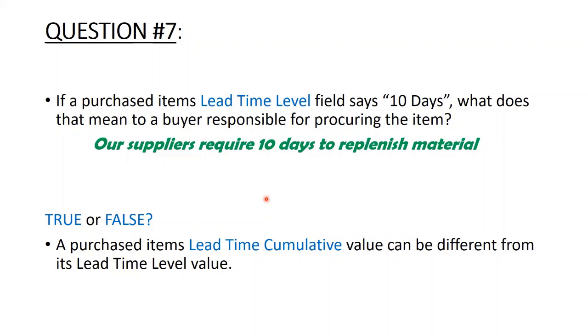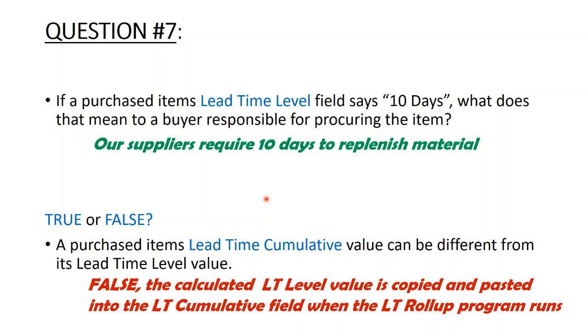A purchased item's lead time cumulative value can be different from the lead time level value. True or false? False. The calculated lead time level value is copied and pasted into the cumulative lead time field when the lead time roll-up program runs. This is for purchased items.